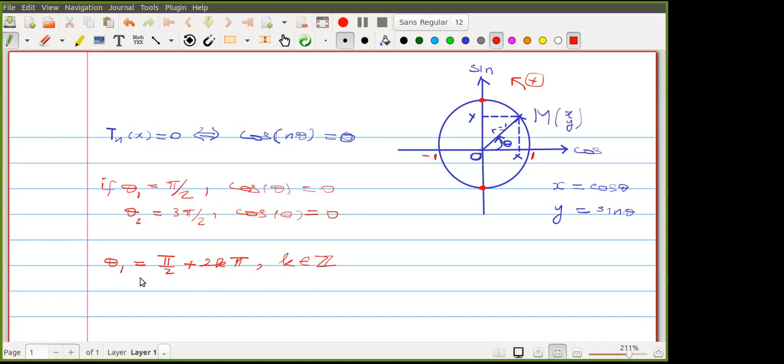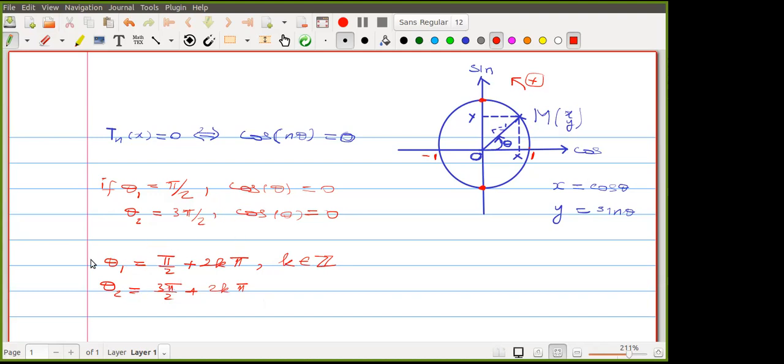Now for the second one, I can do the same thing. 3 pi by 2 plus 2k pi. So if I'm here, I can rotate by 2 pi in the positive or negative direction. I will find myself at the same position. So these are the possible angles. You have infinitely many. For each value of k, you have these two angles.